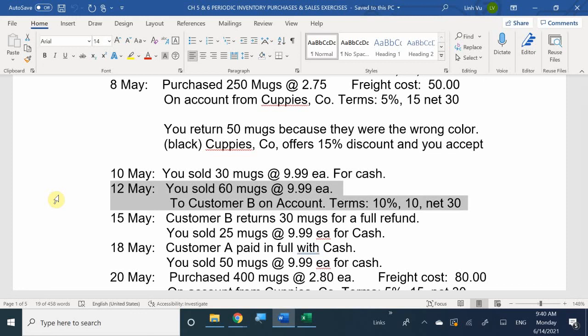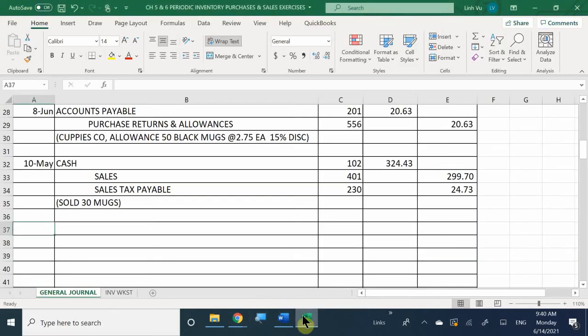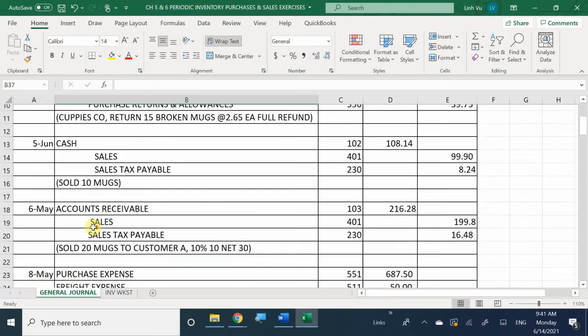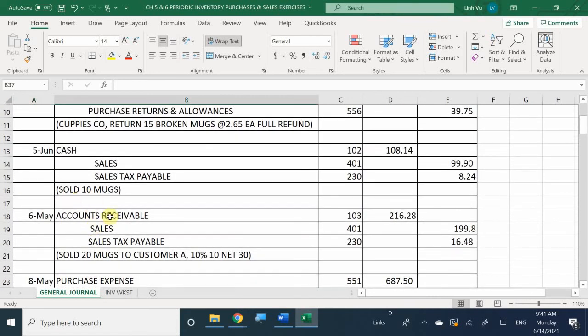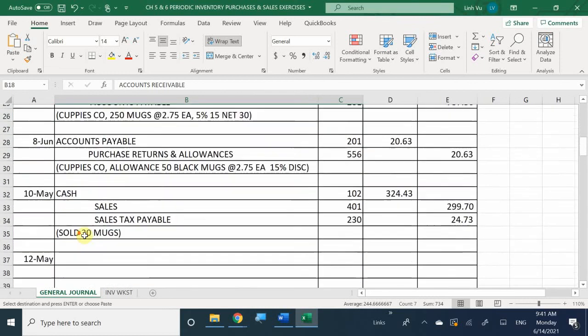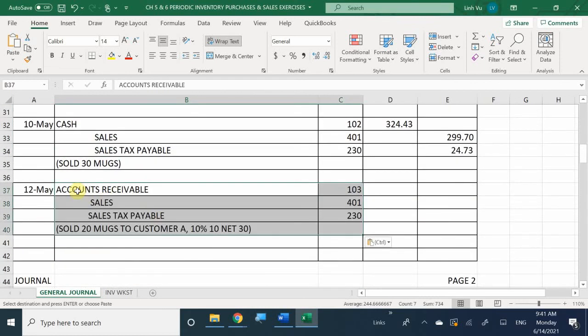All right. So how am I going to journalize this transaction? Accounts receivable, sales, and sales tax. So we're going to use accounts receivable because we placed it on an account. We still sold stuff, right?